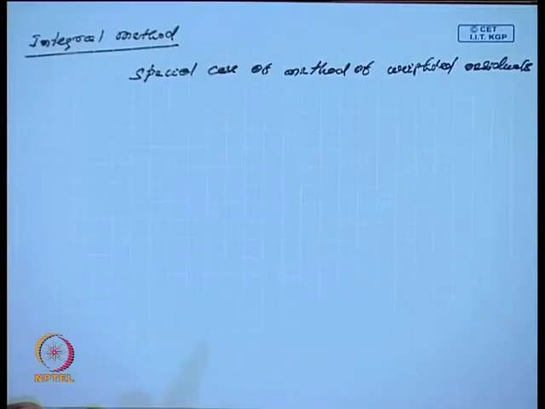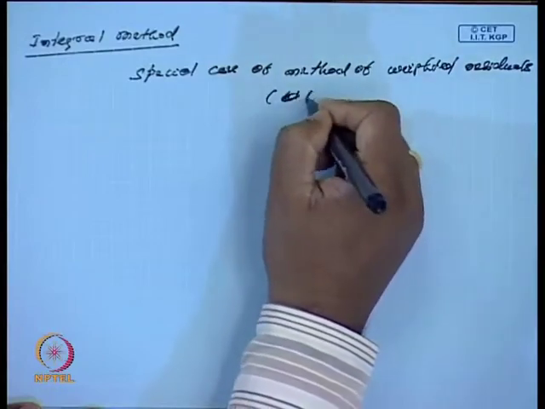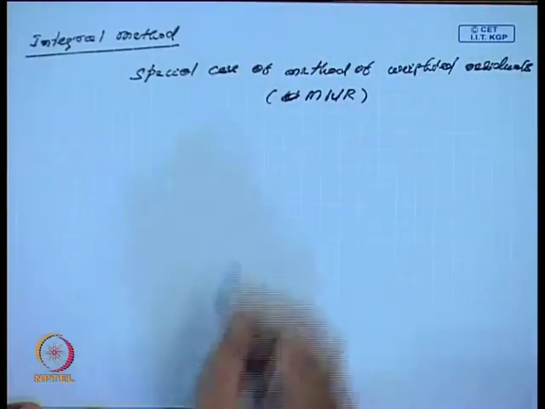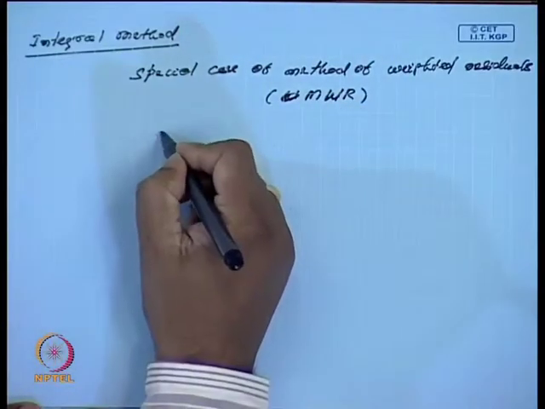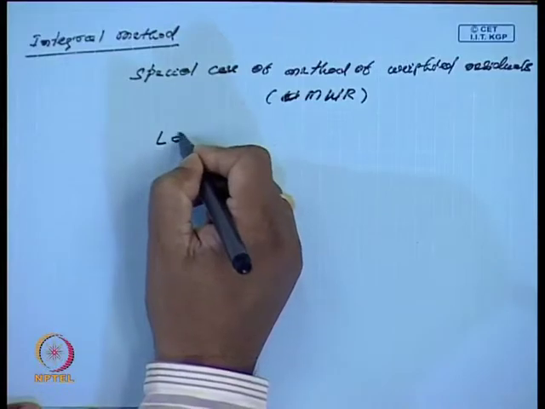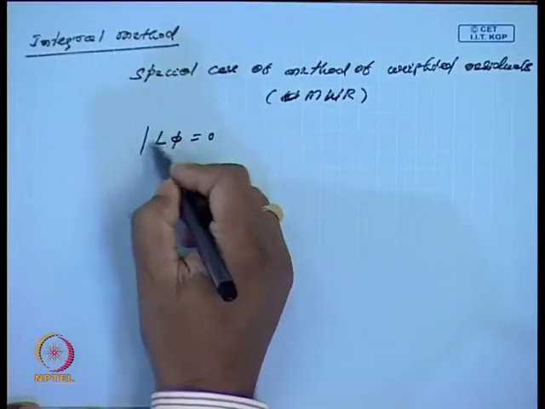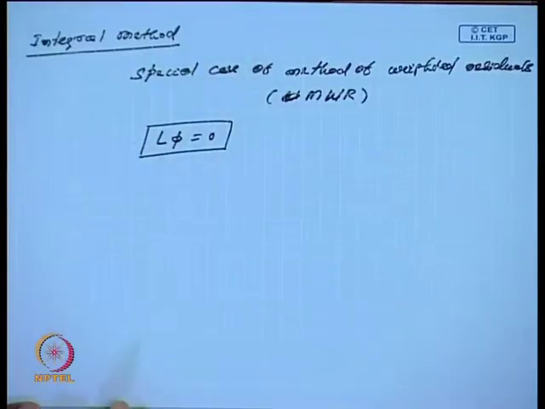And what is the method of weighted residual? Sometimes we call it MWR. Suppose I have a linear operator L phi, that is basically the boundary value problem. If L phi is 0 for an unknown function phi, where L is the differential operator, then we are looking for a solution.